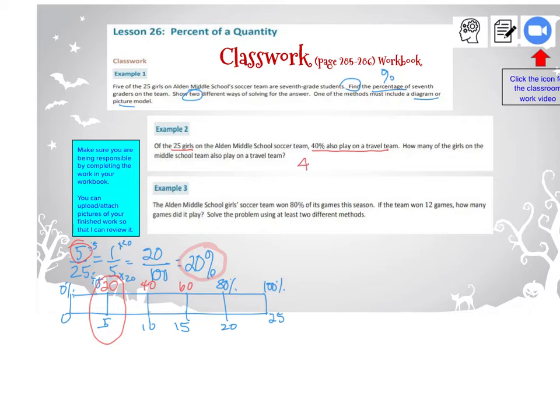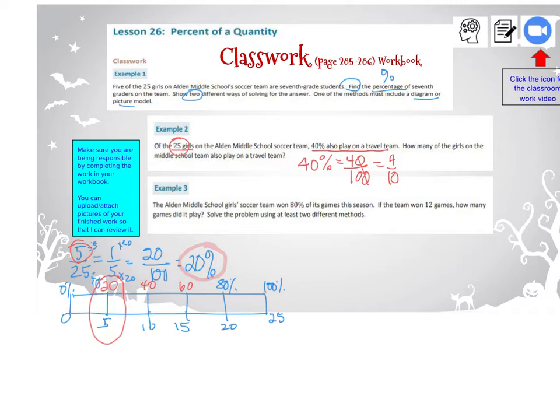So if I have 40%, I know that's equal to 40 out of 100. And then if I reduce that by 10, I have 4 out of 10. And let's see, can I reduce that anymore? Or wait, you know what though? Let me go back, because I want to get it back to 25 as my denominator.